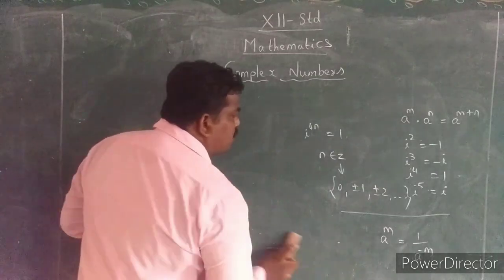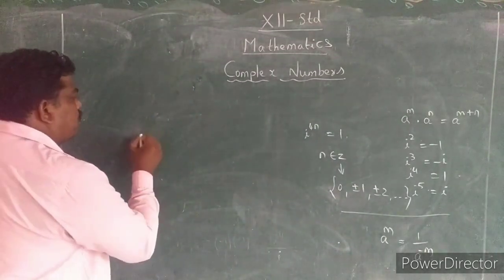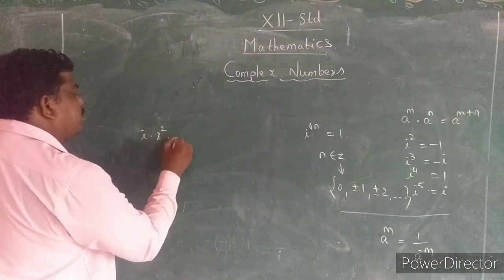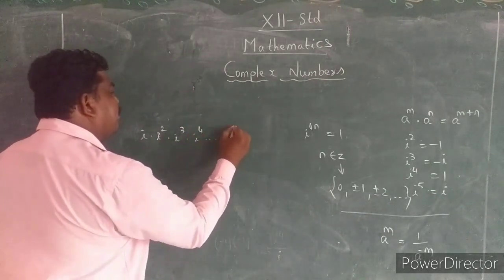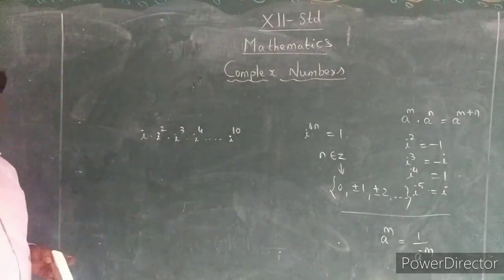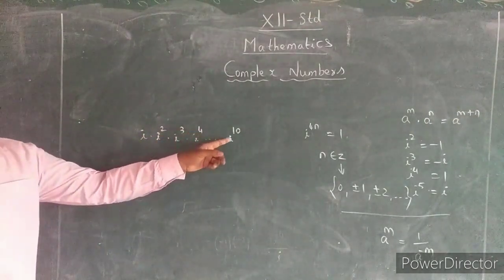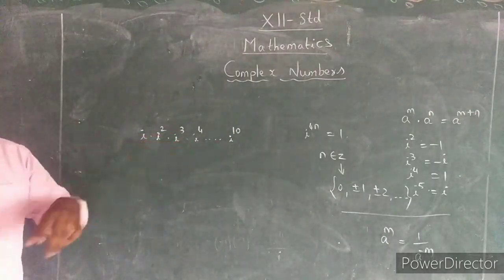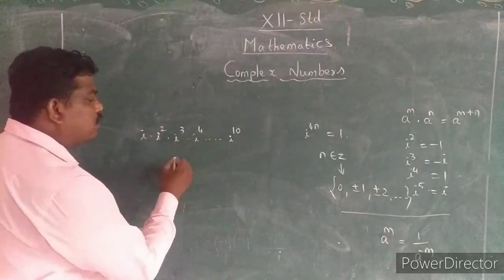Now some more algebraic formulas we can apply to evaluate this. For example, i times i square times i cube, and so on up to i power 10. Now the i's are expressed in multiplication.